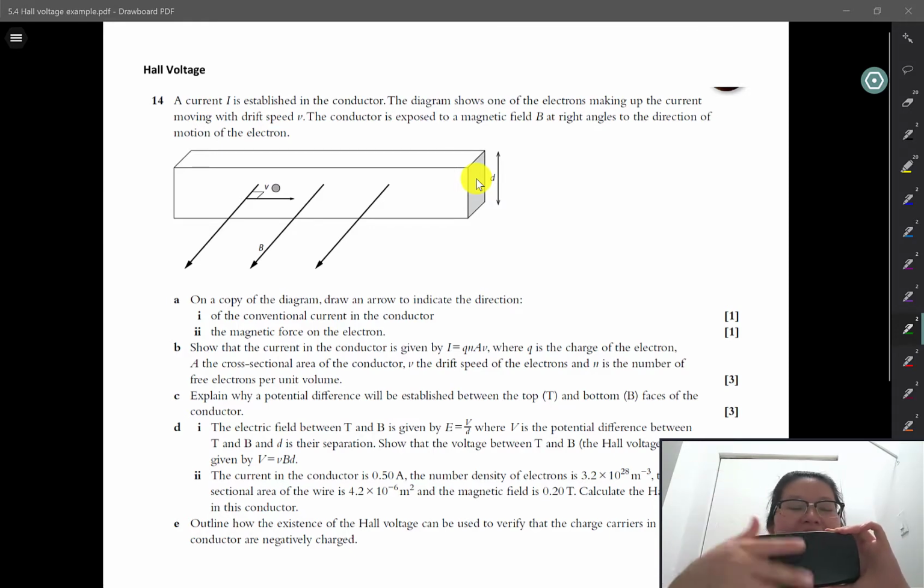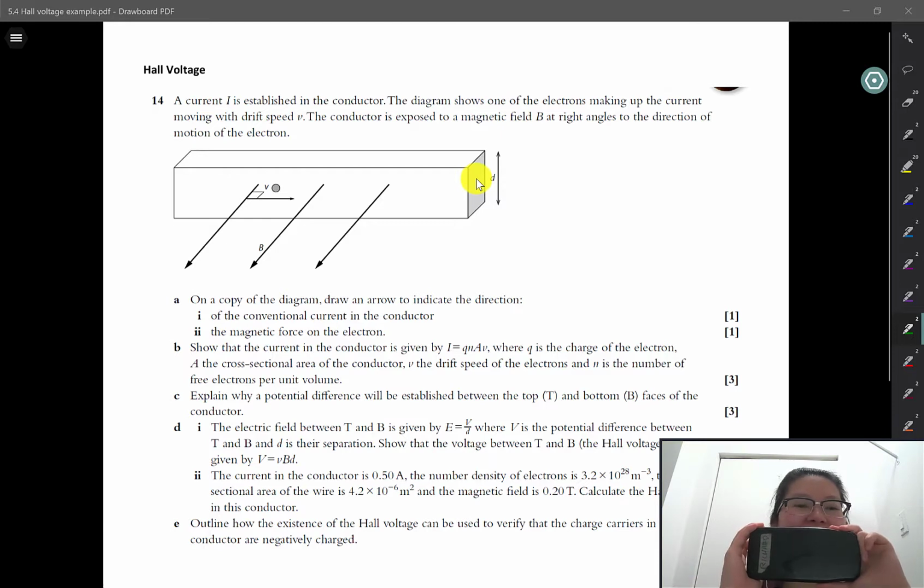Essentially, based off the Hall effect, you get a collection of charges on one side of the conductor, which you can then measure to test the potential difference. And from testing the potential difference, you can then say whether the charge carriers are actually negative or positive. So we get to answer that basic question.